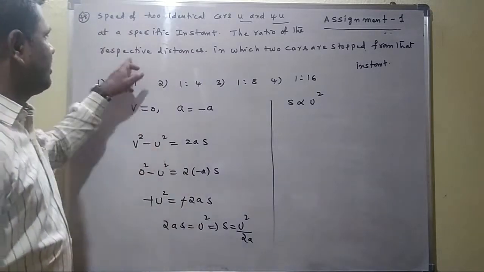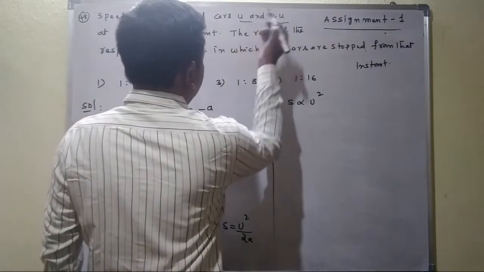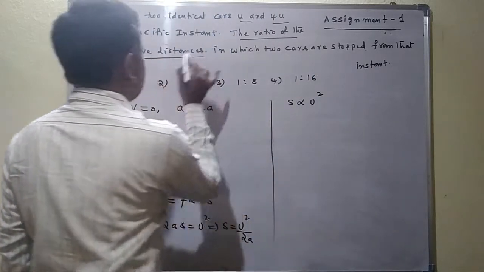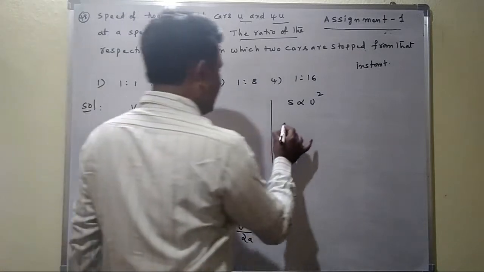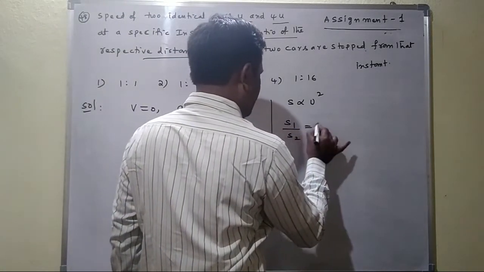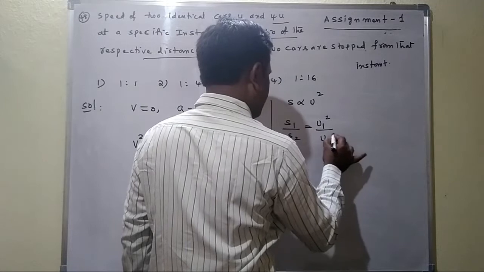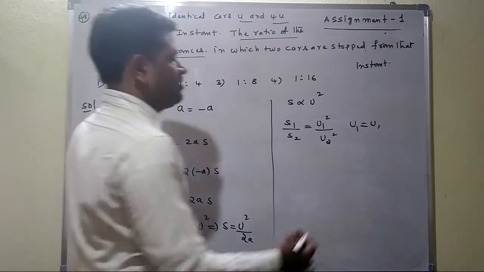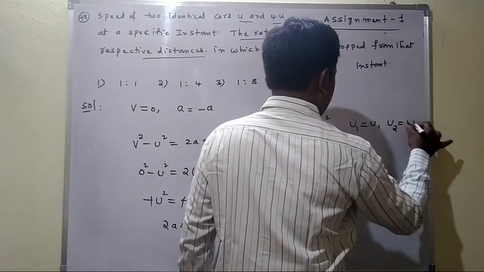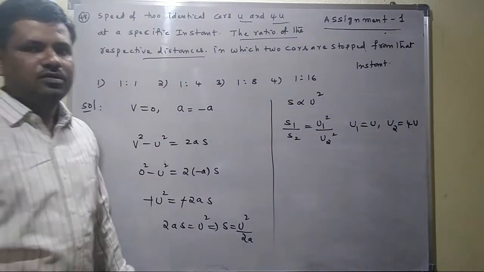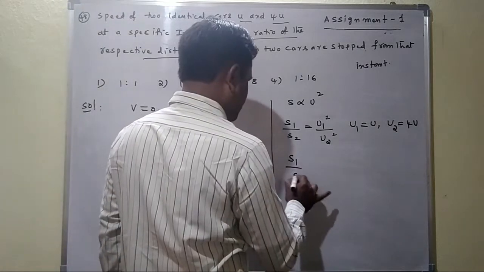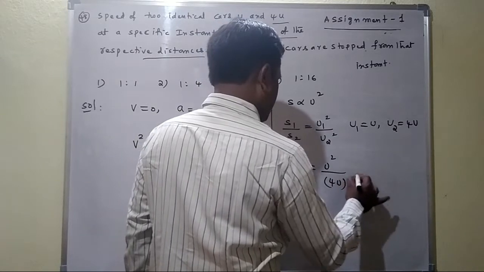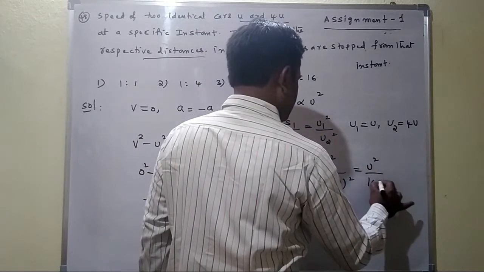In the question, velocities U and 4U are given, and they are asking for the ratio of the respective distances. Simply, we can write S1 by S2 equals U1 square by U2 square. Here U1 is U and U2 is 4U. Substituting these values, S1 by S2 is equal to U square by 4U square, so U square by 16U square.